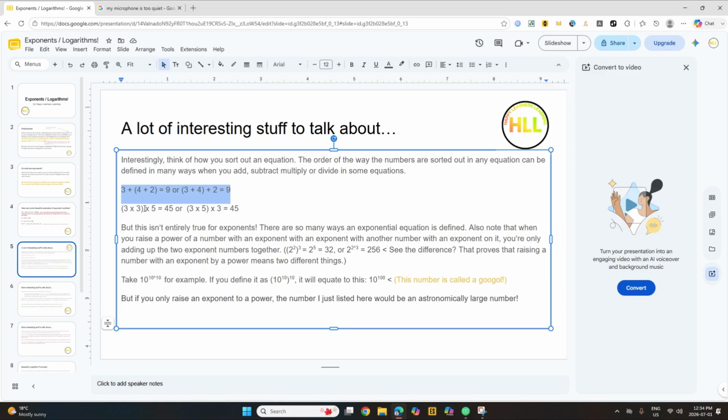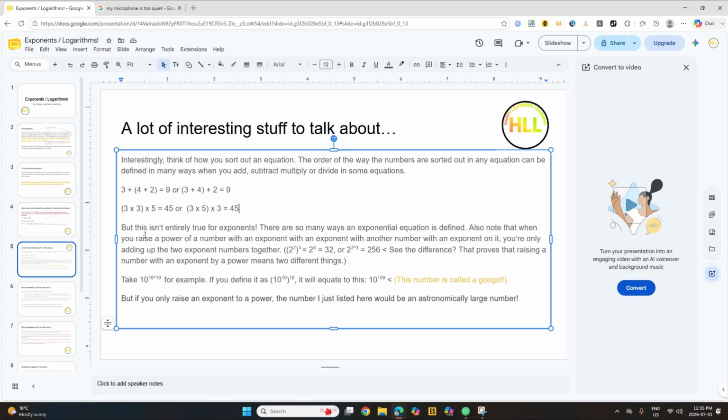But as for multiplication, if you take a look at this, they actually mean the same thing, even if you swap the numbers together, right? But as for exponents, it isn't actually true.